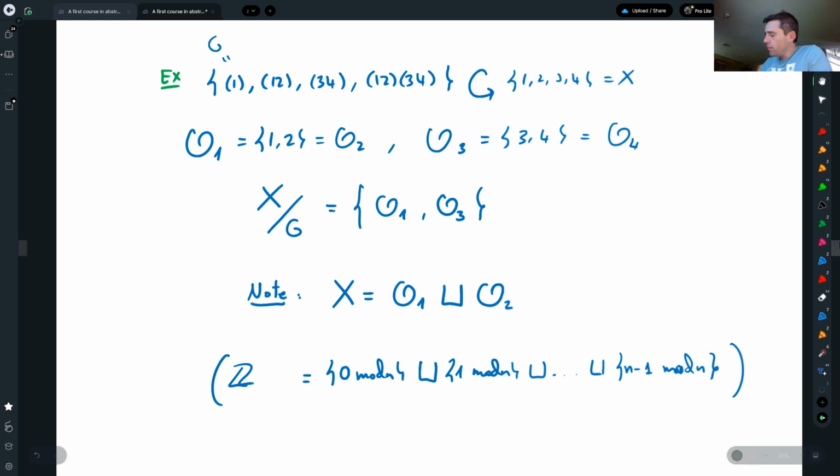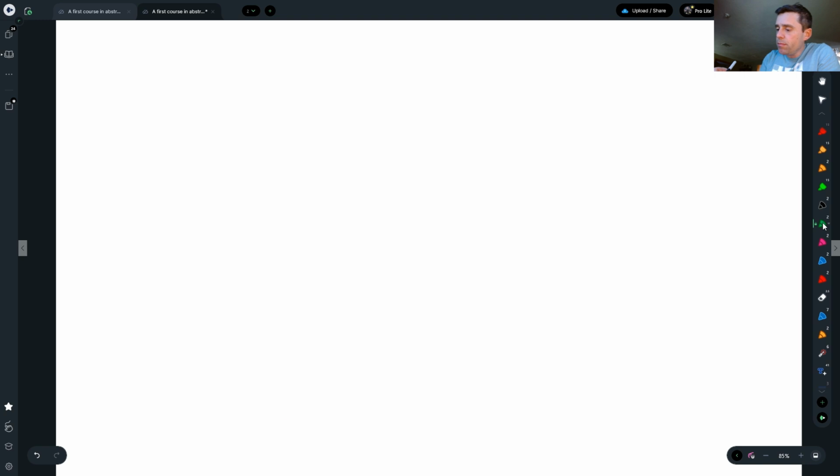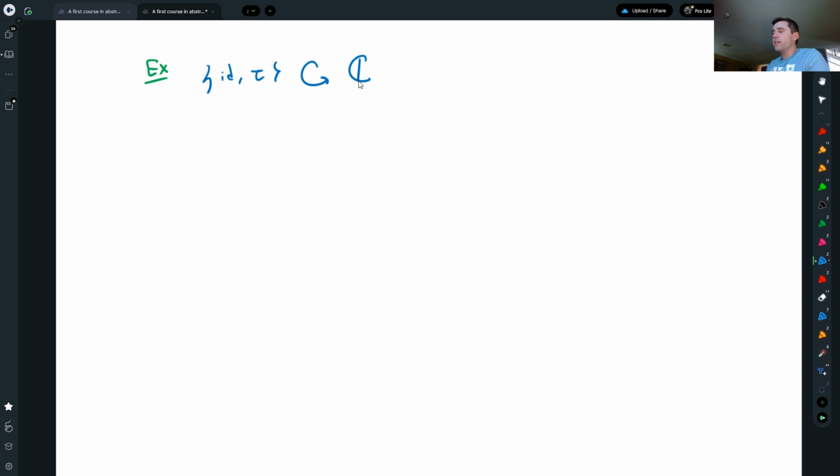Okay, one more example of this concept. Let's do again Z modulo 2, so the identity and complex conjugation acting on the complex numbers. What are the possible equivalence classes? We saw that there's two types.